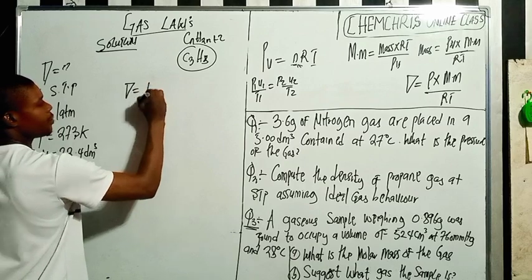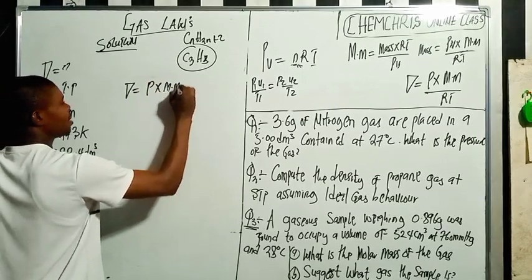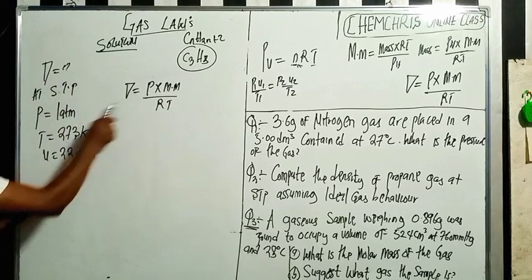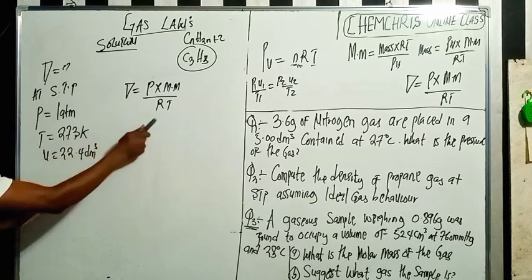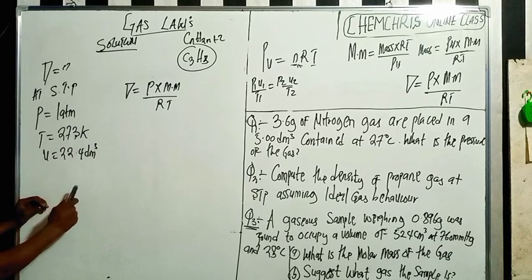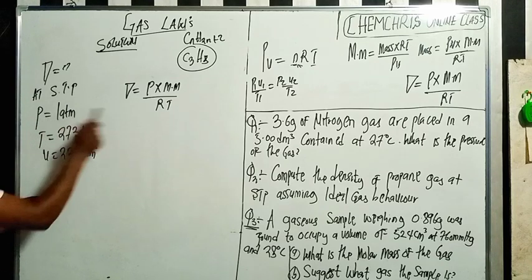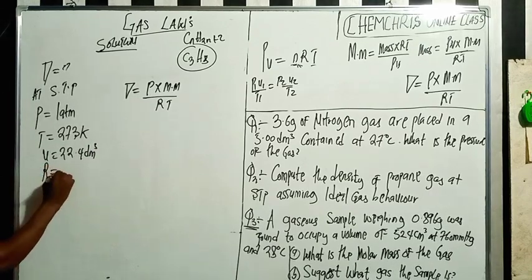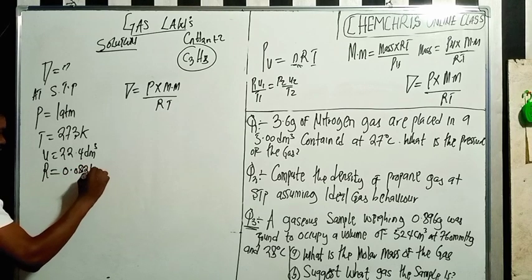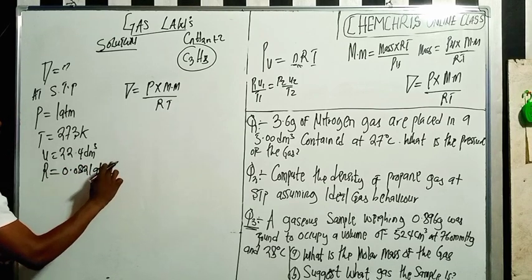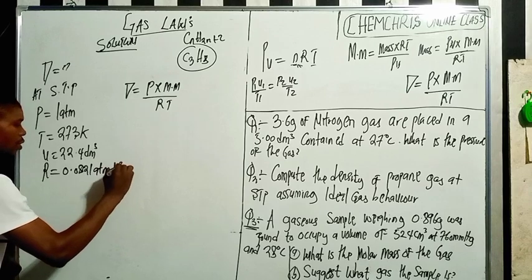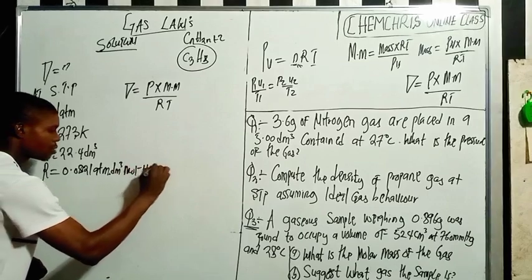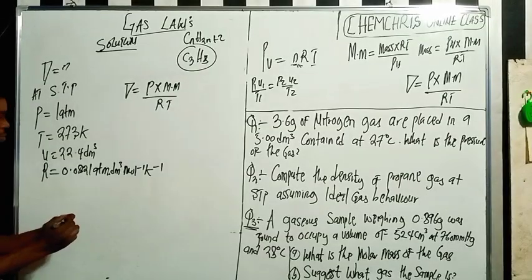We know our pressure, we know our temperature, and the gas constant R equals 0.0821 atm dm cube per mole per Kelvin. It's very important. Don't forget this one here.